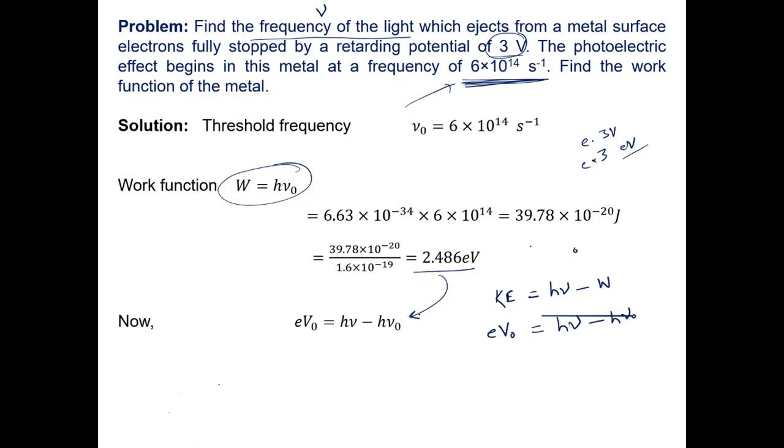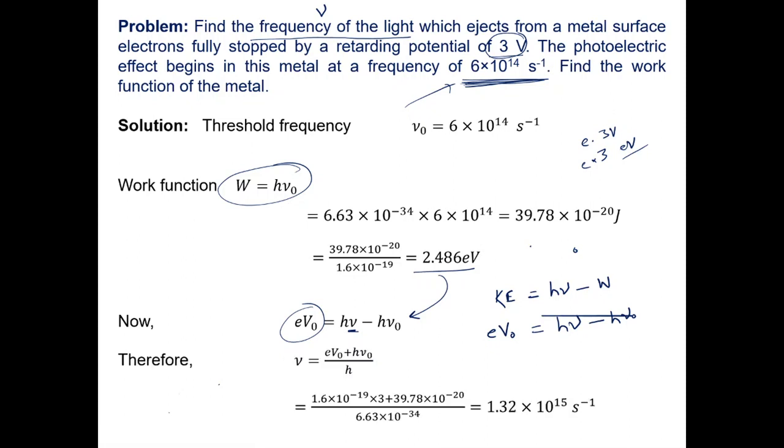So this is the work function, and this value is already known to us, and what we have to find is this nu, which is the frequency of the light which is incident on the metal surface, and we feed that value back. We arrange this, the nu will turn out to be E times potential plus h nu naught divided by Planck's constant, and if you calculate this, the frequency is going to be 1.32 into 10 power 15 per second.